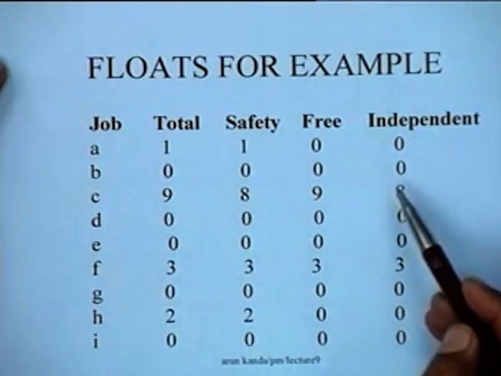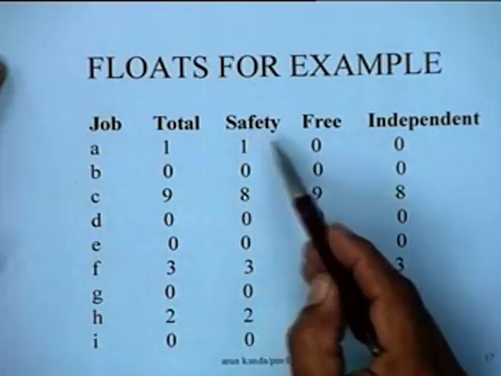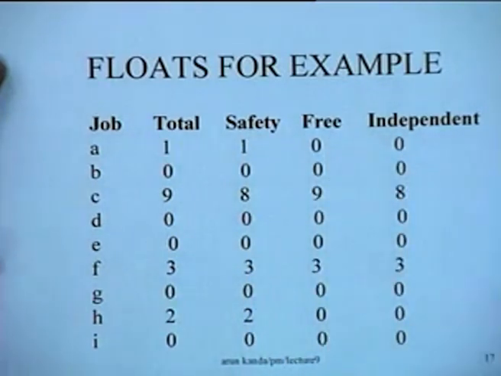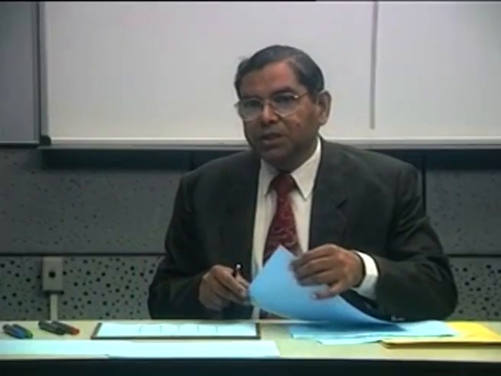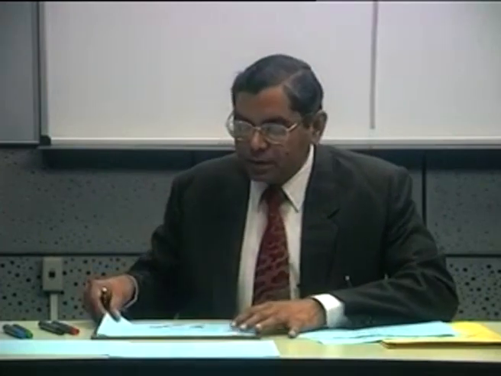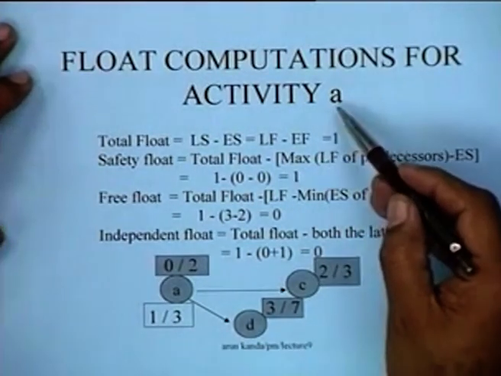However, for each non-critical activity you can compute the safety, free and independent floats in the manner that I just indicated to you. For instance, just to show you how these computations are performed, let's take activity A in the network.